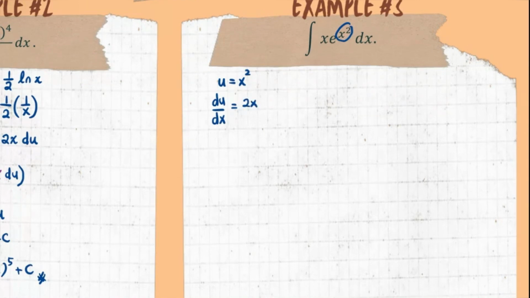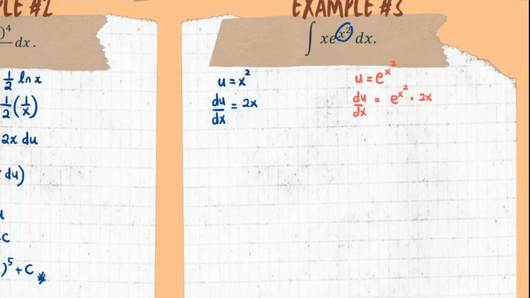So, nampak tak? Kalau saya let e of x squared as our u, so if you let u is equals to e of x squared, differentiate exponential function, kita dapat apa? Kita akan dapat sekali lagi e of x squared, and then we are going to differentiate x squared, so dapatlah 2x.